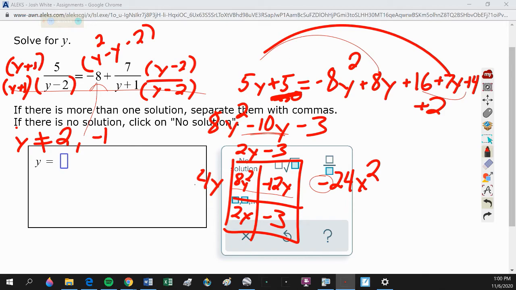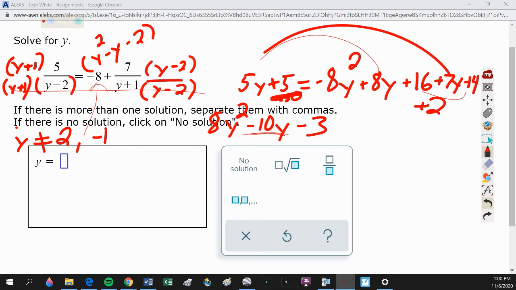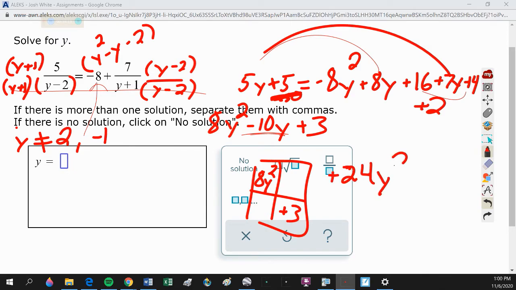Oh, so it does work. You didn't see anything. Good job. So 8y squared and plus 3. So it is positive 24y, which means negative 4 and negative 6 work.